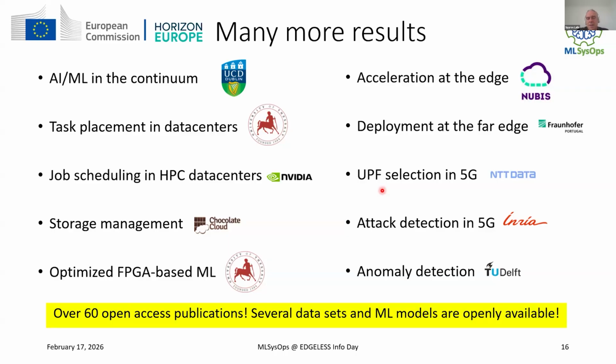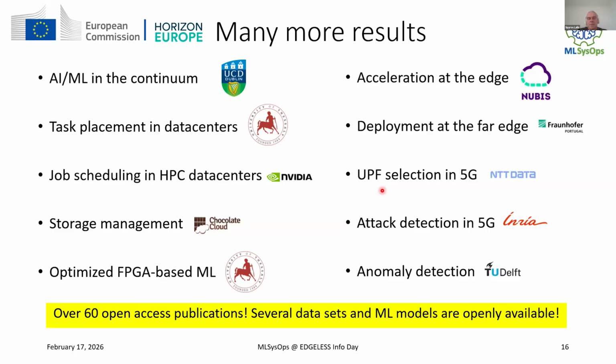So special work was done to support such nodes as part of the continuum as well. Lots of work regarding 5G networking and also anomaly detection. So we have produced many papers.